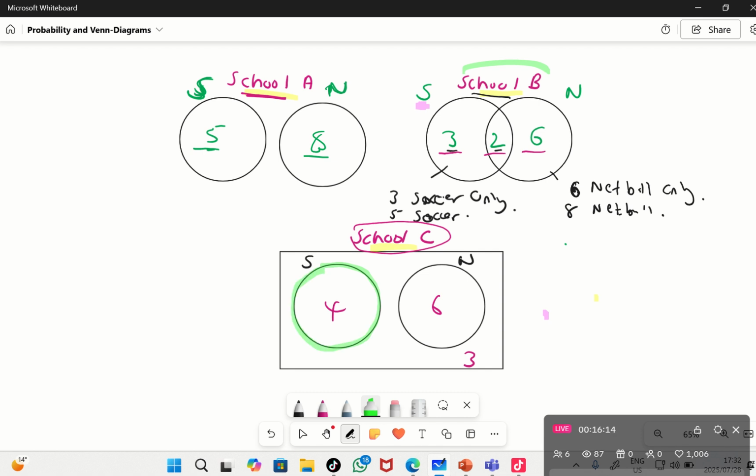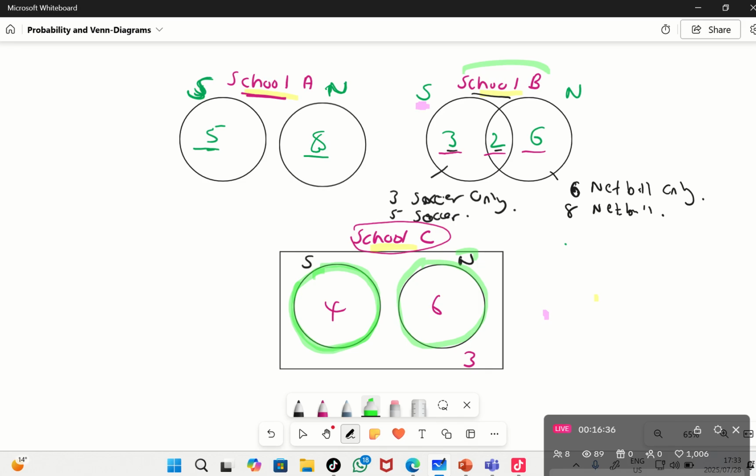Okay, and then how many learners play soccer only? Still 4, because we have no intersection. How many learners play netball? 6, yes. And if I ask how many learners play netball only, still the same thing.